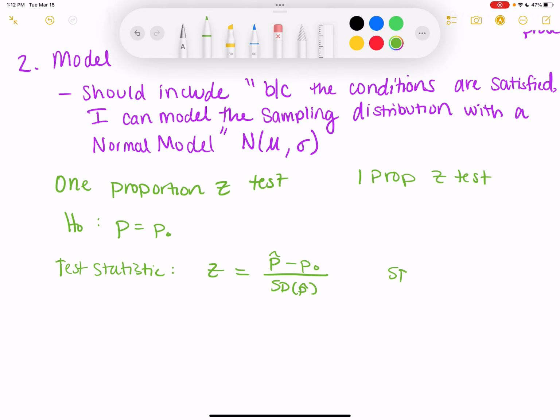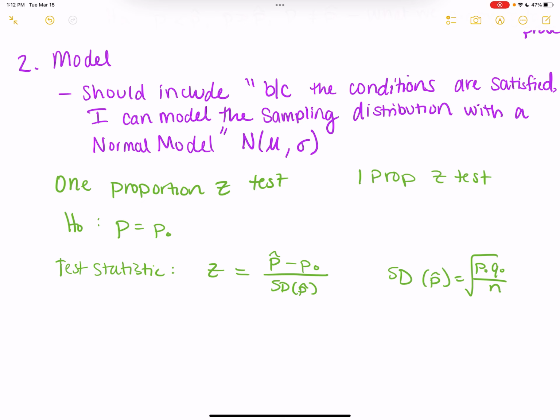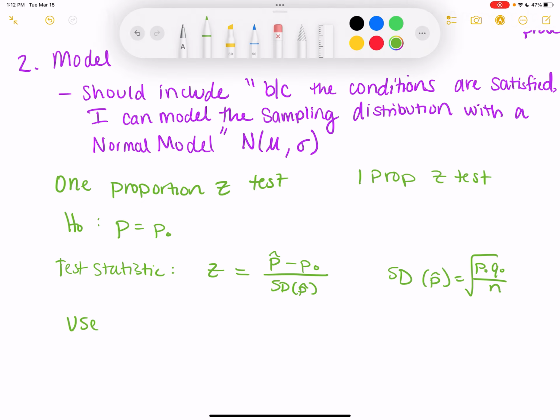The standard deviation of P hat is equal to the square root of P0 Q0 over N. And we use the normal model to obtain a p-value. What's underneath the little Z thingy? Like SD of P hat.